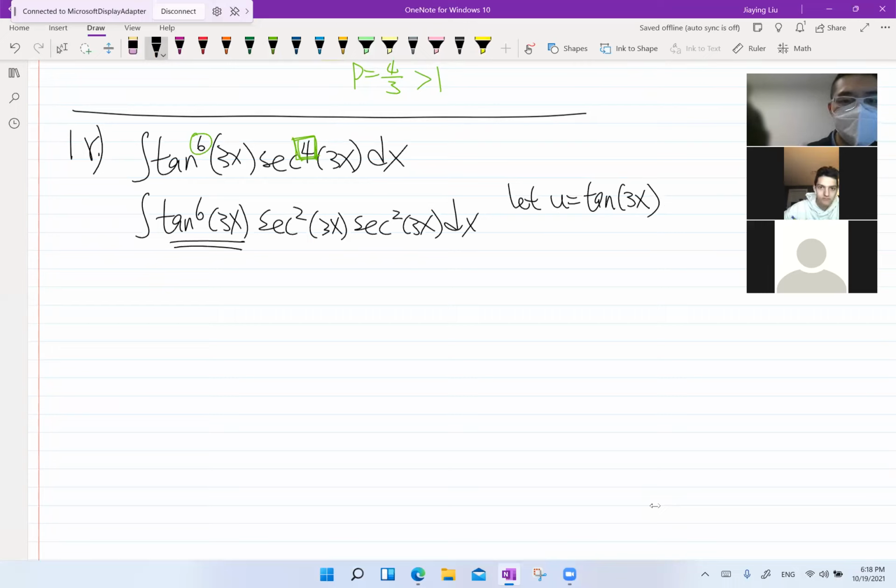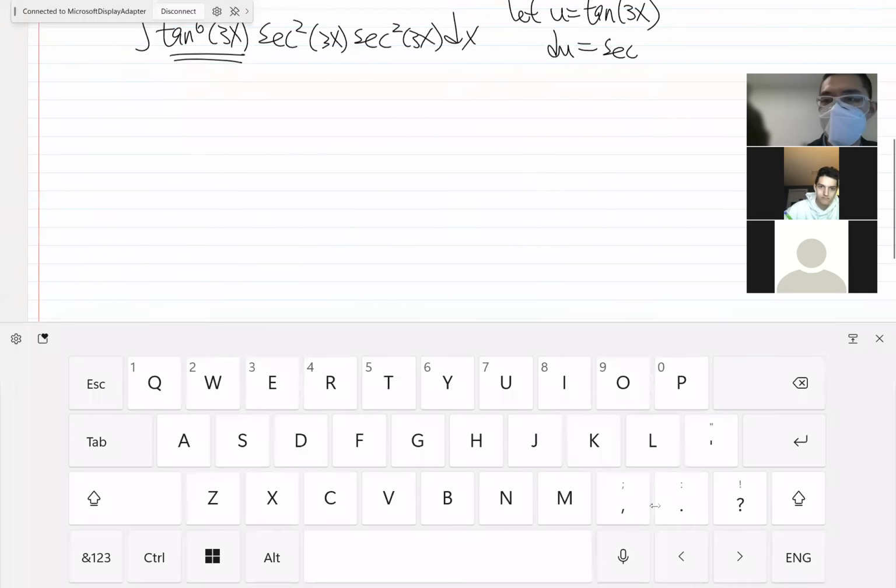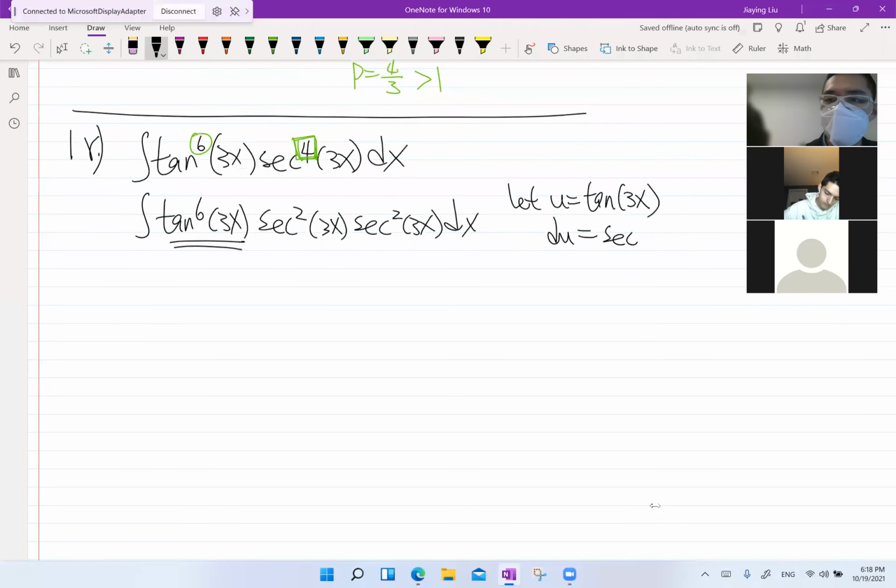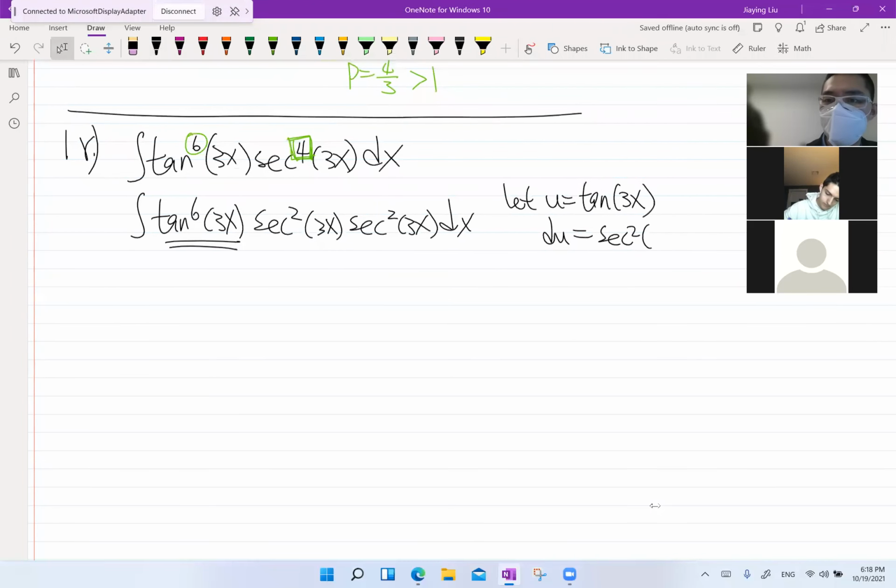Then du equals the derivative of tangent, which is secant squared of 3x. But then I have to use the chain rule because inside the tangent, I have 3x. So the chain rule tells me that I'm going to end up with the 3 dx.